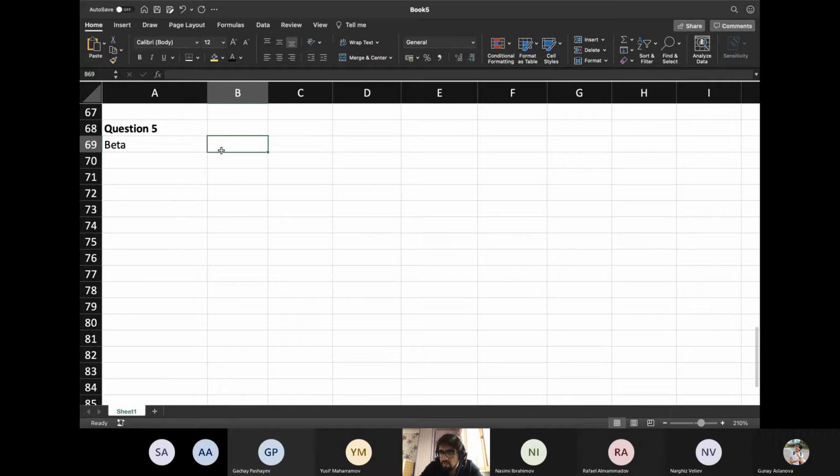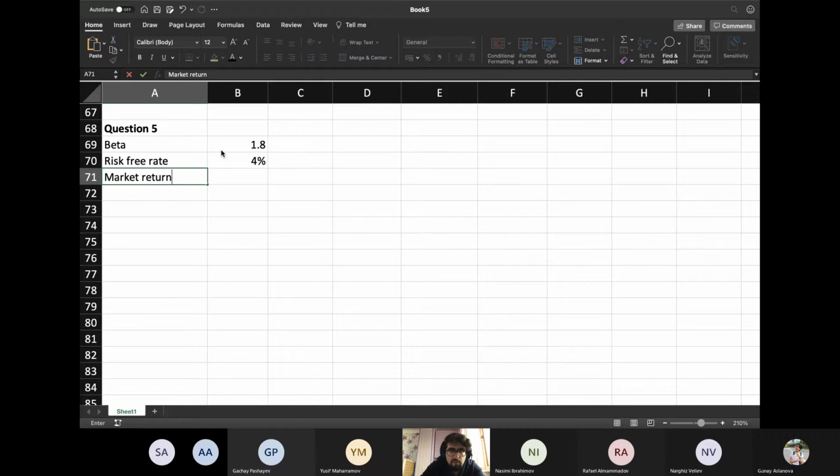So we have beta 1.8, risk-free rate 4%, market return 10%. So our expected return according to CAPM is the risk-free rate plus the market rate minus the risk-free rate multiplied by beta.